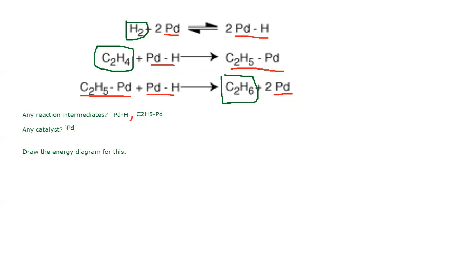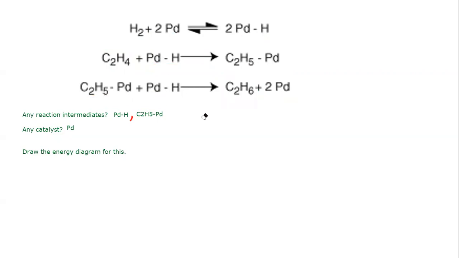So now we need to draw the energy diagram for this. So let me erase all these marks. So we see here we have three steps. 1, 2, 3. That means we're going to have 3 humps.